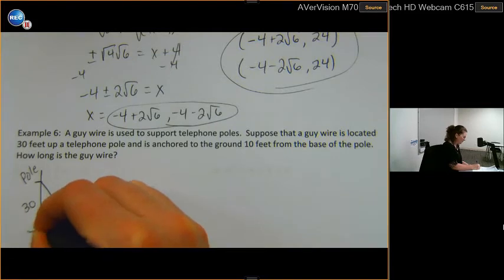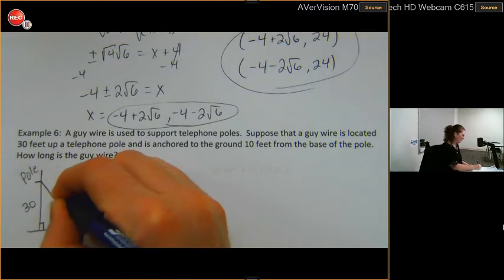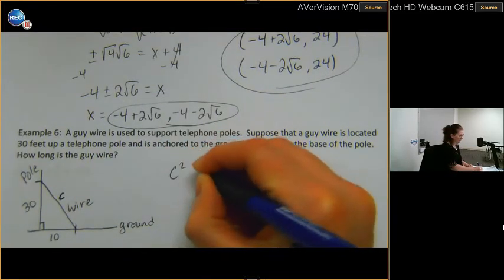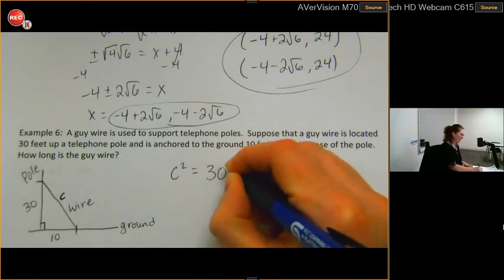So we'll assume this is a right triangle. Using the Pythagorean theorem, the wire length is the hypotenuse, and then the pole and the distance on the ground are the a and the b.